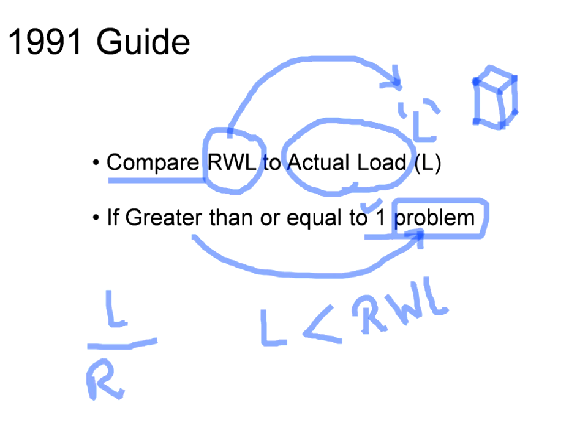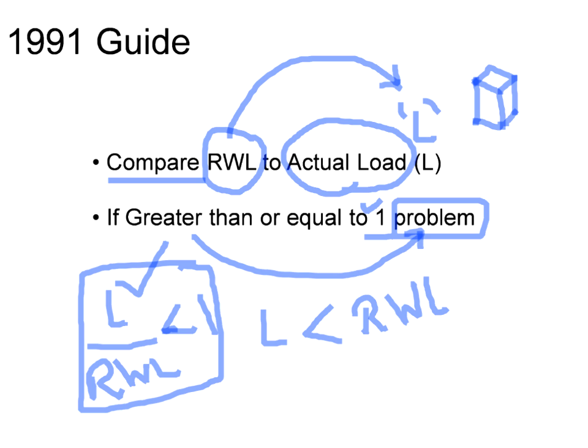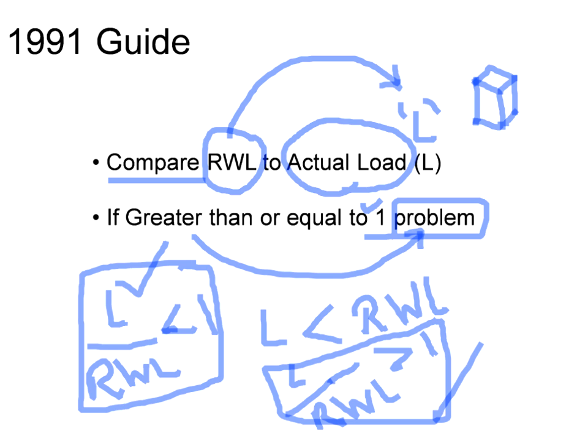Actual load means the true load of the container or of the box or of the product. Compare these two. If the value is greater than or equal to 1, it is a problem for us. Equal to 1, somewhat okay. If it is greater than 1, it is a problem.